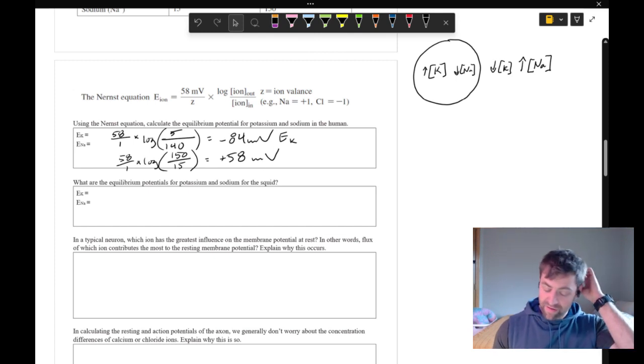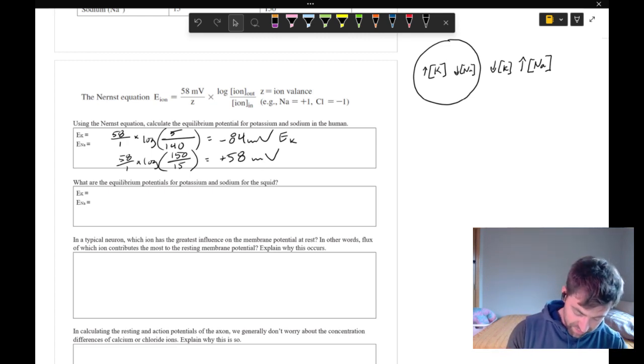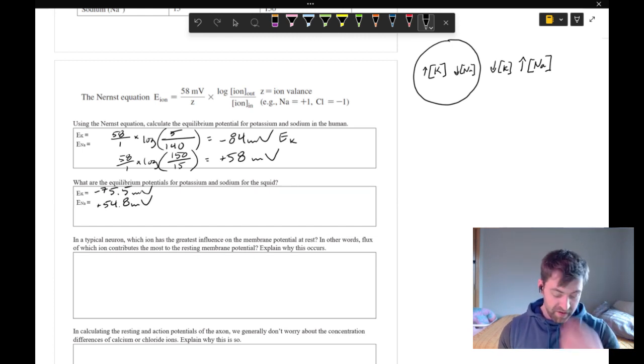Looking at the squid, you can just plug and chug in this equation. I'm just going to give you the answers right now. For potassium, you have negative 75.5 millivolts. And for sodium, we have positive 54.8 millivolts. You will notice that these values are fairly similar.